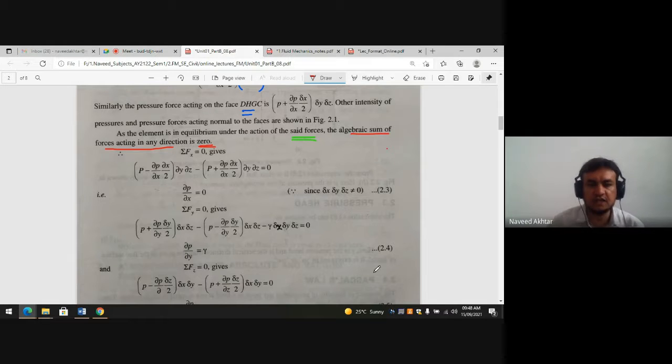So it means that the fluid element is at rest.